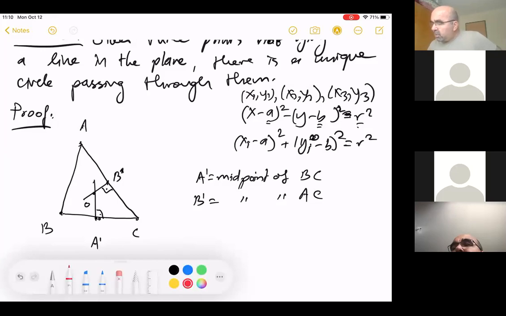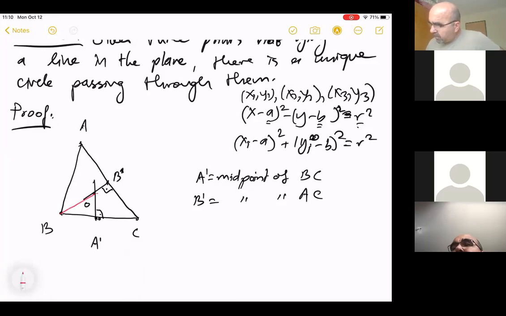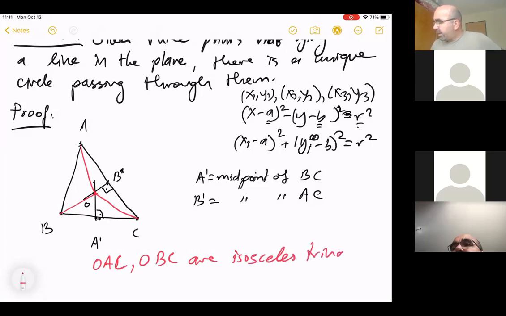If we look at these triangles, consider the triangles OBC and OAC. Each of them is isosceles, namely this side is equal to that side, which is also equal to this side, so they are all the same.